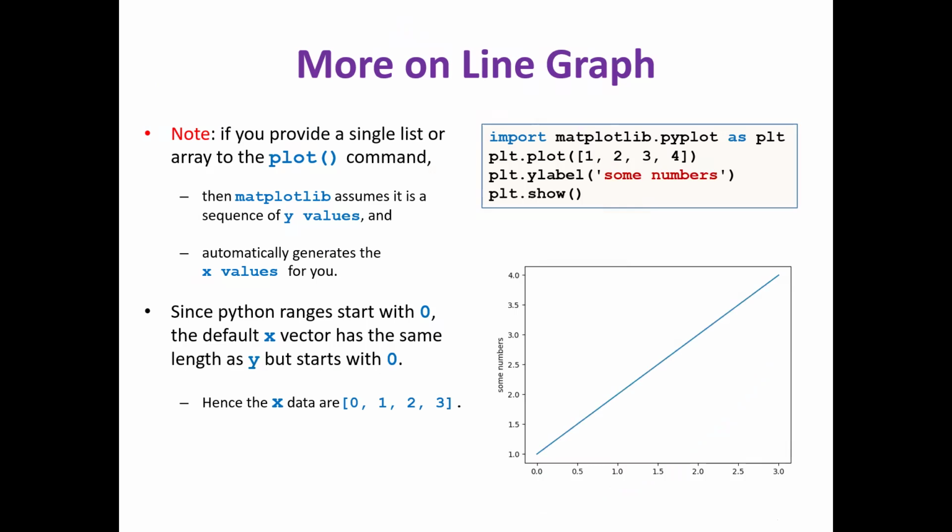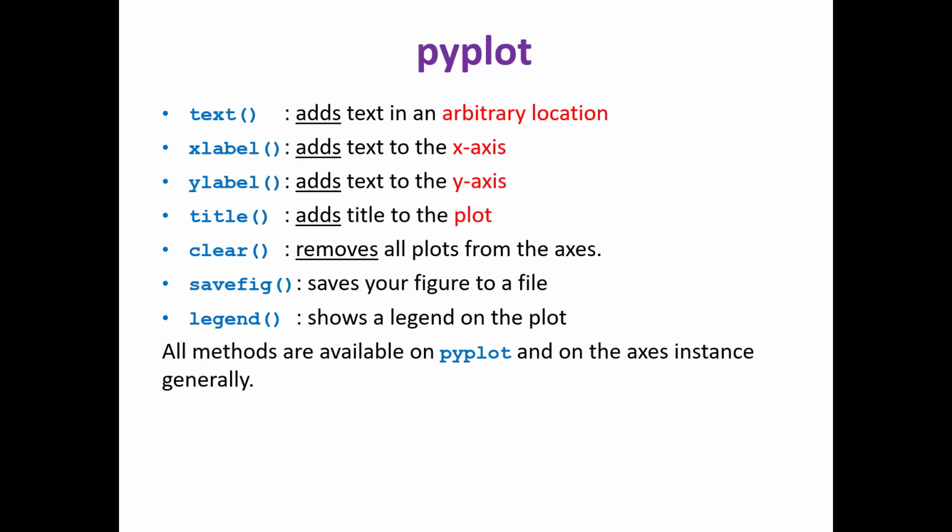So what else can we have? Labels. If you want to have a label for the graph, we can make use of the ylabel function. With the help of the xlabel function, we can give a label for the chart. Many methods are there: text method, xlabel, ylabel functions, title function, clear function, figure, legend.